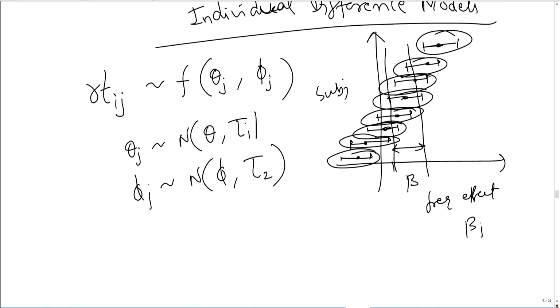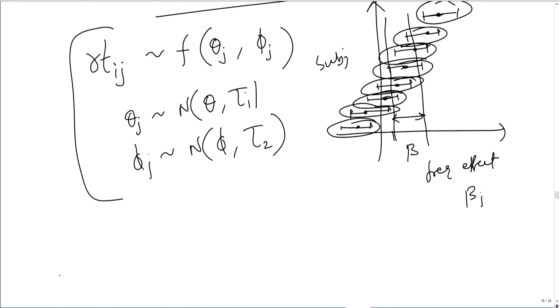But the reason I'm giving this example is that you can build a hierarchical model for any kind of generative process, not just regression models. Okay, this is not a regression model, but we still have a hierarchical structure in this model. For example, this could be a simple drift diffusion model. So let's say decision time in the ith trial from the jth subject comes from a drift diffusion process with those parameters, drift rate, non-decision time and all that, such that all those parameters, drift rate and non-decision time, are at the individual level.